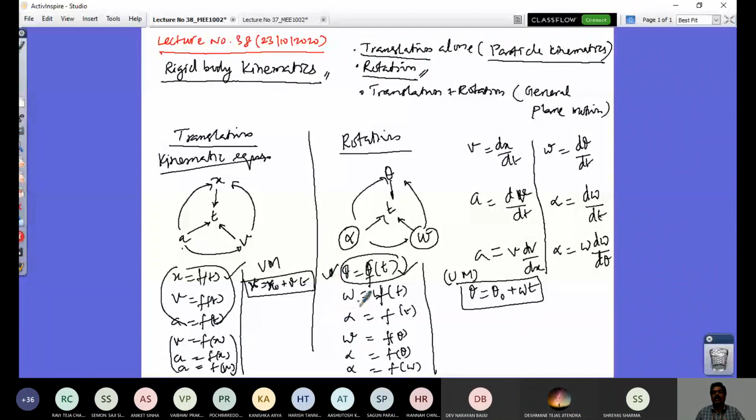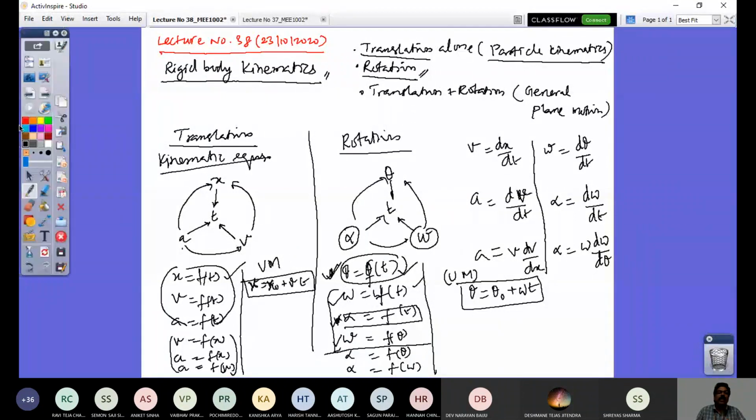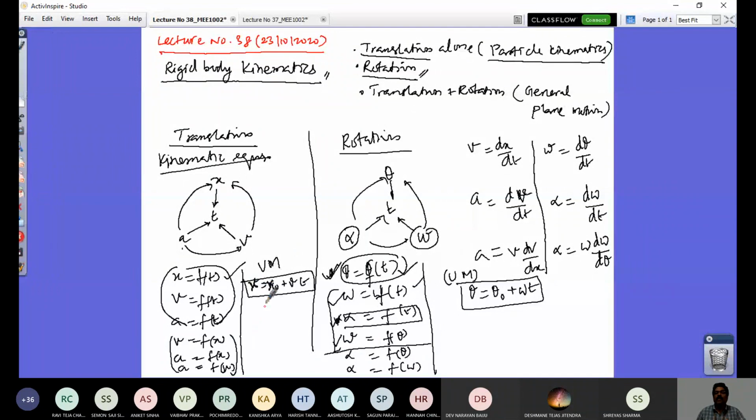So only these are the 3 equations sufficient when alpha is constant, because alpha is constant, omega is a function of t is the one equation, theta is a function of t is another equation, and not this. Alpha is constant. So if this is constant, then you will have the third equation, omega is a function of theta. So these 2 will not come into the picture. So you have only 3 equations, and those 3 equations we would nicely write if we are able to compare with the 3 equations that we had here.